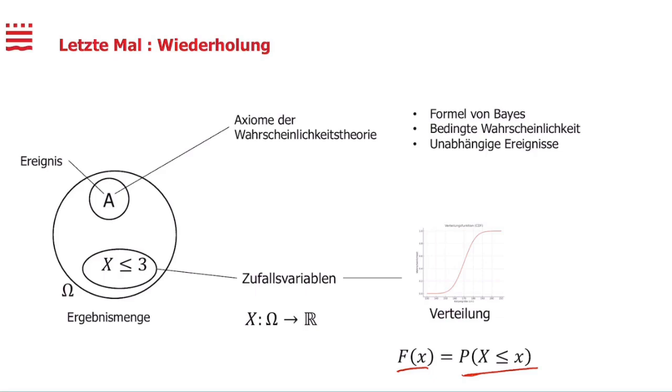Exactly. And then we also saw that we have another relationship, especially with continuous and differentiable distributions, that we have this relationship between distribution and density, where the density is the derivative of the distribution, or in other words, the distribution is the integral over the density. And then this whole relationship also comes out in differential and integral calculus.